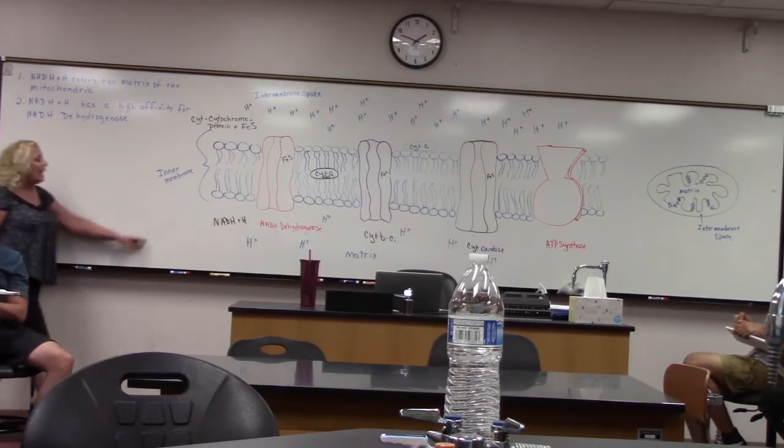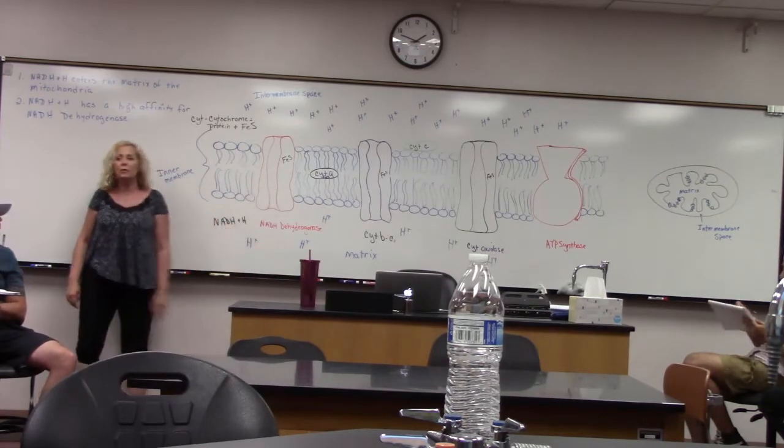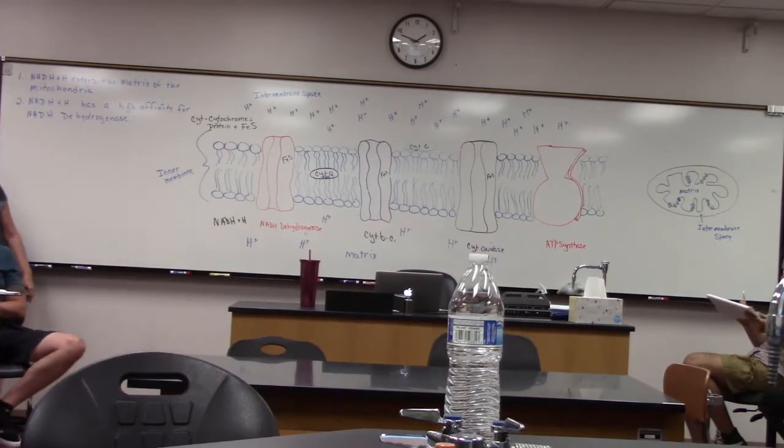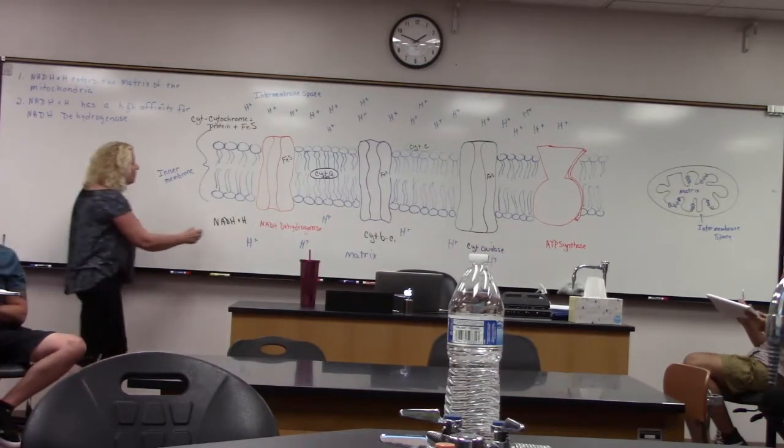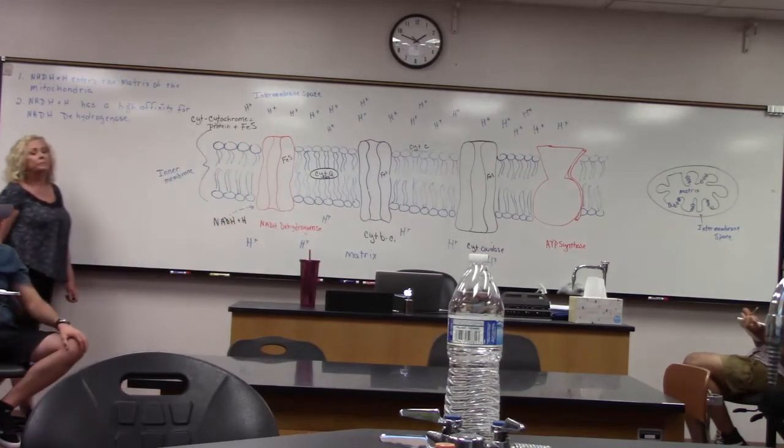That NAD has a very high affinity for this first integral protein cytochrome, NADH dehydrogenase. And because it has such a high affinity, this is going to be pulled towards this first cytochrome.